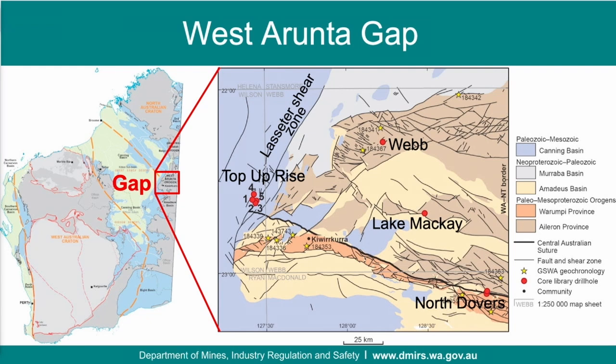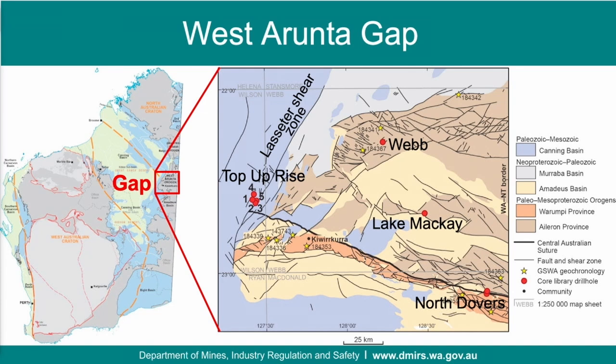The rest of the area is covered by basins of varying age, including the Canning Basin off to the west side here, which is covering up a potential another giant shear zone called the Lasseter Shear Zone, which may represent the boundary between the Western Australian Craton and North, to be determined.